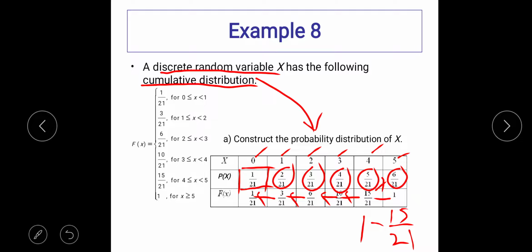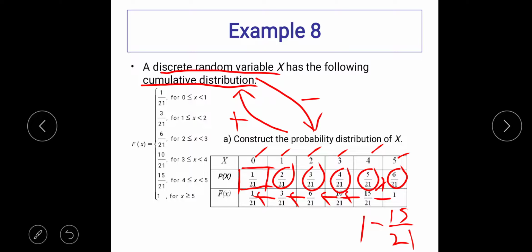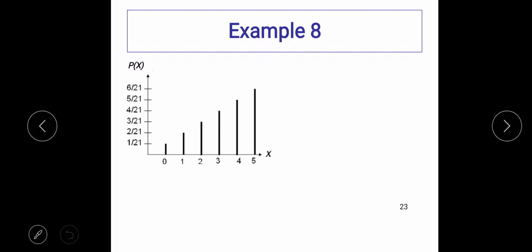From probability distribution function to get cumulative, you need to add the probabilities. From cumulative to the probability, you need to subtract the probabilities. So we are doing the reverse way here for example 8. So if you want to draw your probability distribution function, you take back all these values here, and it's just a coincidence that these values are increasing.